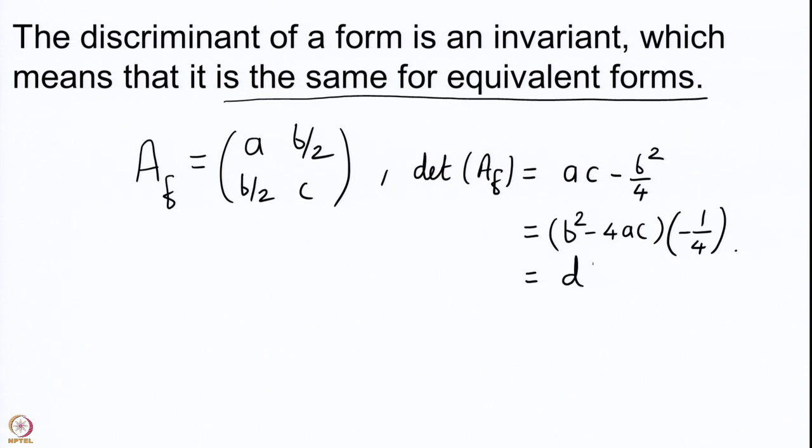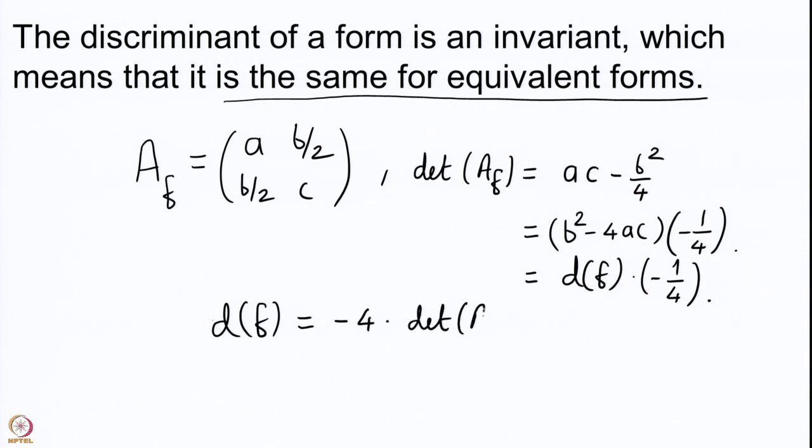So, the determinant of the matrix associated to our binary quadratic form is a multiple by minus 1 by 4 of the discriminant, or in other words the discriminant is minus 4 times the determinant of our integral binary form.